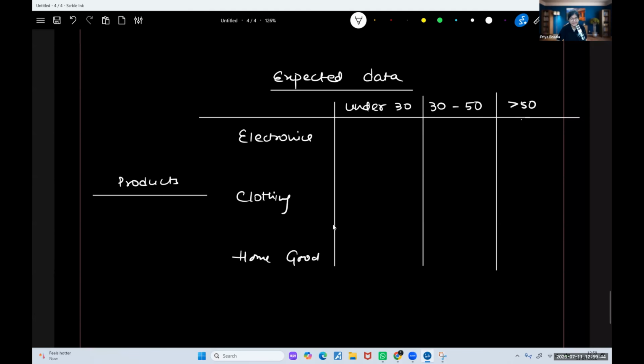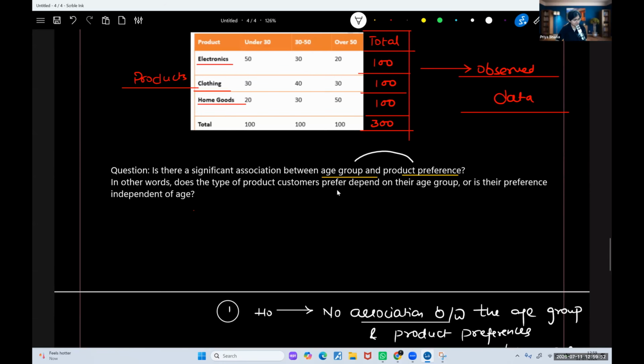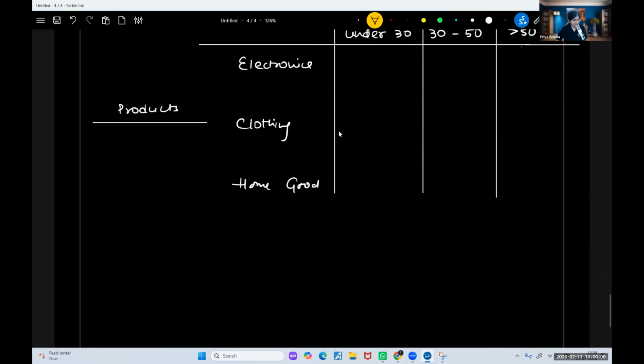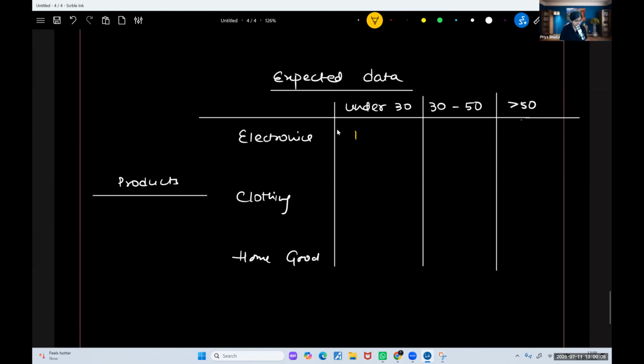But what were those values? Kalpesh, evenly spread कैसे करोगे इसको? Can I say total value is 100? प्रोडक्ट्स कितने हैं? 100 है. हर एक प्रोडक्ट कितना है? 100 है. और कितनी कैटेगरीज है? 3 कैटेगरीज है. So can I say evenly spread का मतलब हुआ 100 divided by 3.